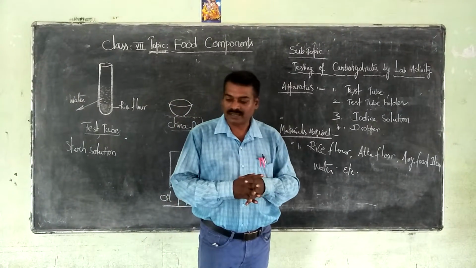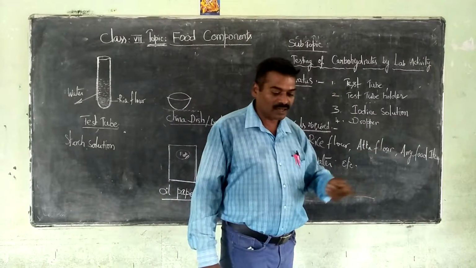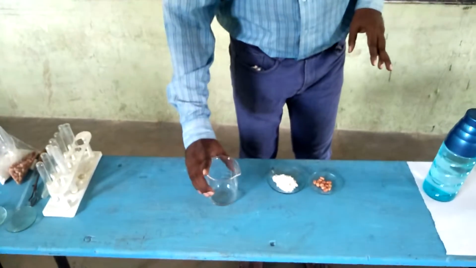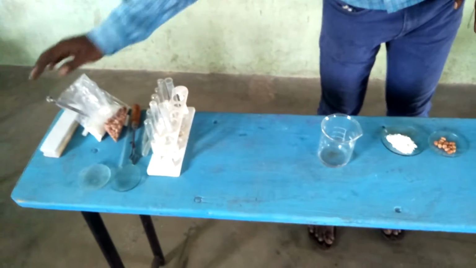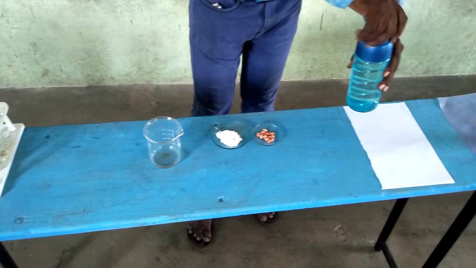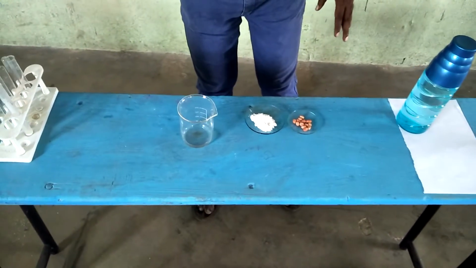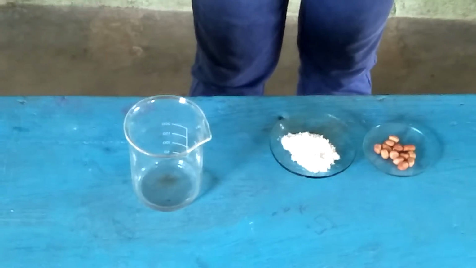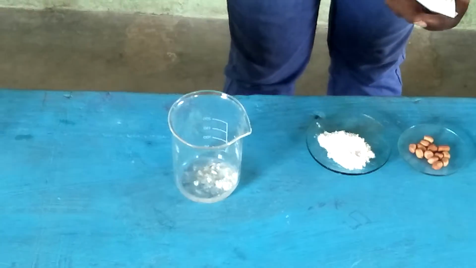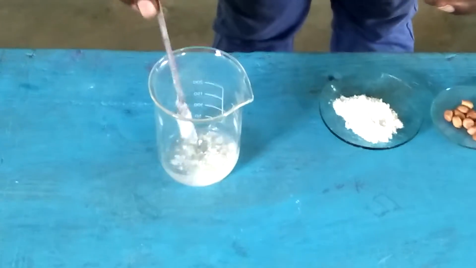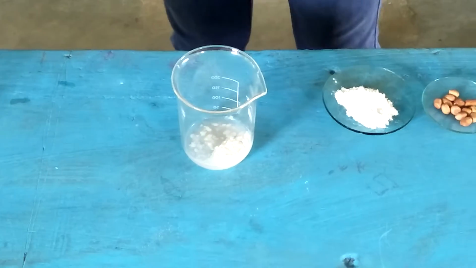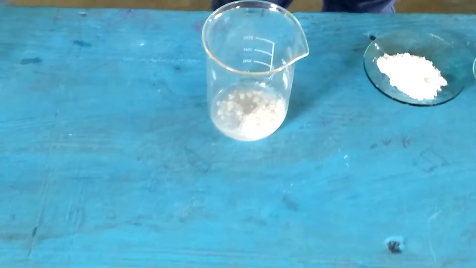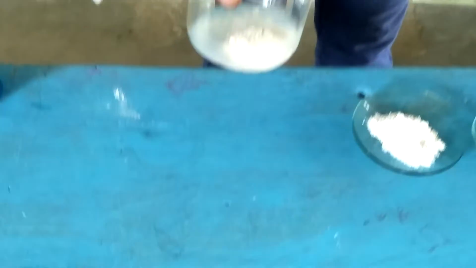Now, let us start the lab activity. First of all, take a beaker. In that beaker, add 1 or 2 tablespoons of rice flour or atta, anything which is available, and mix it properly by slowly adding water to prepare the starch solution.